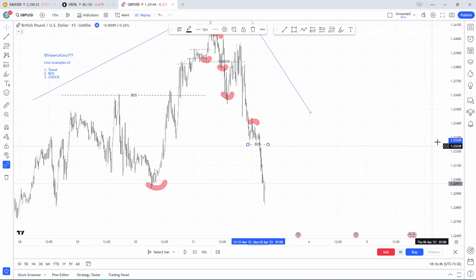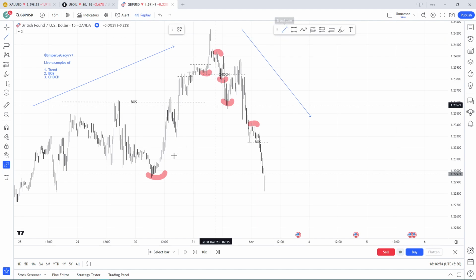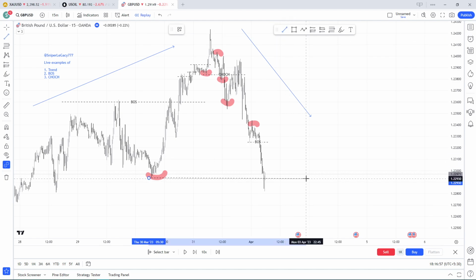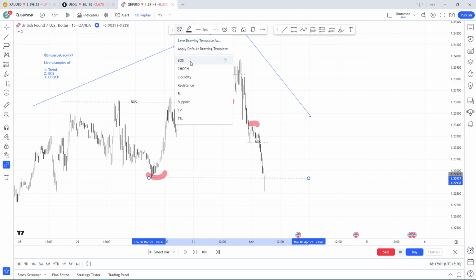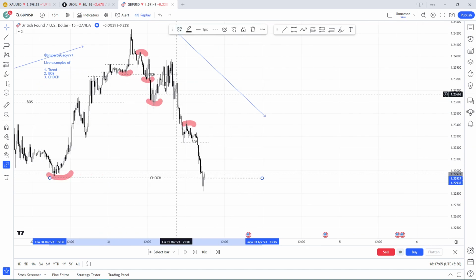Now, if you see, this low that we had marked was the major low for the entire trend, right? So since this low is broken, we can clearly tell that this is a major CHOCH. Whatever happened earlier, the CHOCH that happened here was a minor CHOCH.